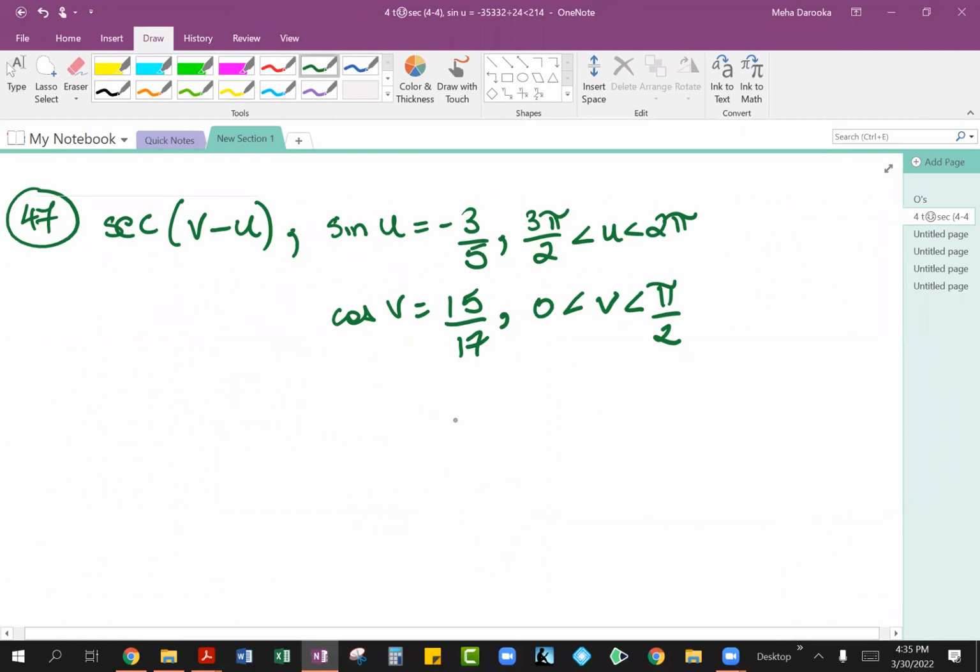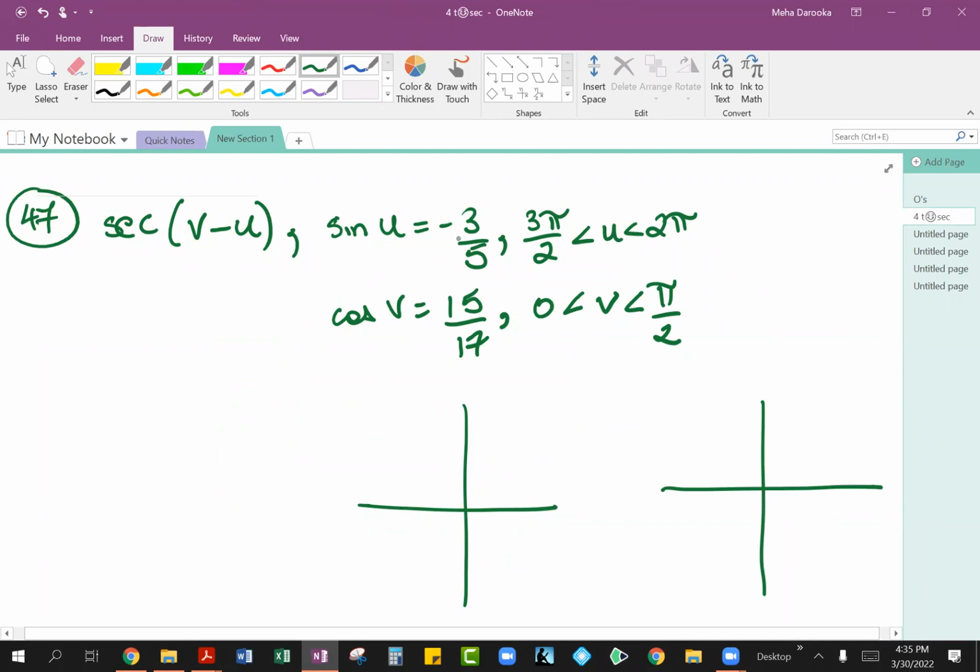Based on that, we should be able to do our little triangles for both of them. So sine of u is -3/5, and that's in quadrant 4. We can do our triangle kind of like this. This will be u.